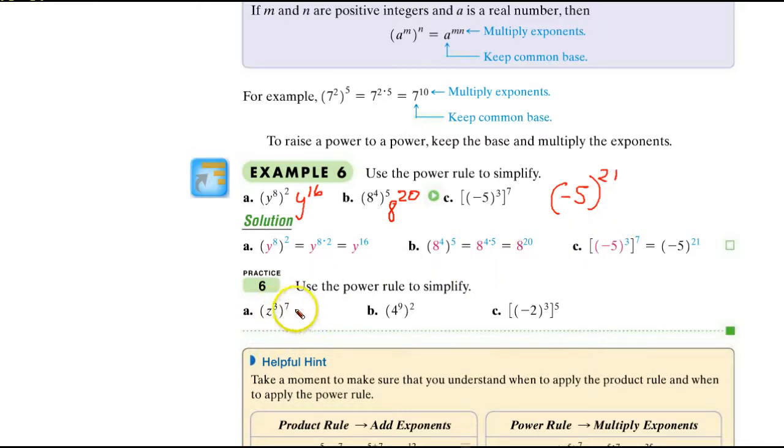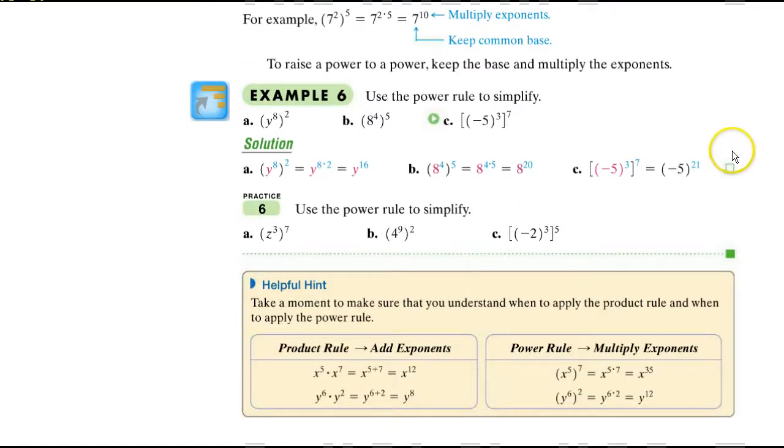And these are short, so we get z to the 21st, 4 to the 18th, and a negative 2 to the 15th. You're just multiplying the exponents when you have something in a parenthesis and you're raising it to a power. This is the power rule. And again, lots of little helpful hints.